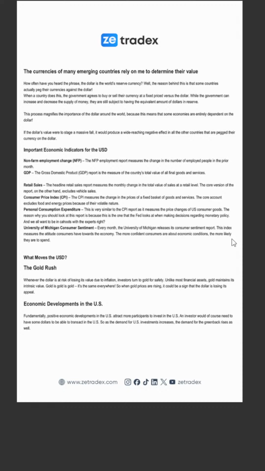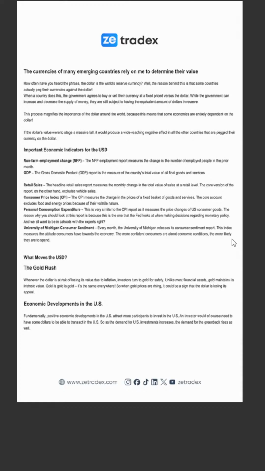Now, important economic indicators for the USD: we have the GDP, we have NFP, retail sales, CPI (Consumer Price Index), personal consumption expenditure (PCE), and the University of Michigan consumer sentiment, although it doesn't come up every time. But let's take, for instance, the NFP.